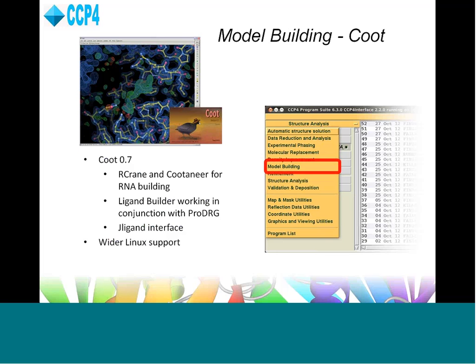One of the things we've been concentrating on here is to try and get wider Linux support for Coot. So one of our guys here has been working on developing nightly builds for Coot in the package management systems of various Linux operating systems. So now you can get Coot more widely on different Linux systems.